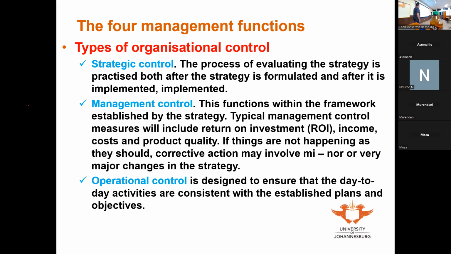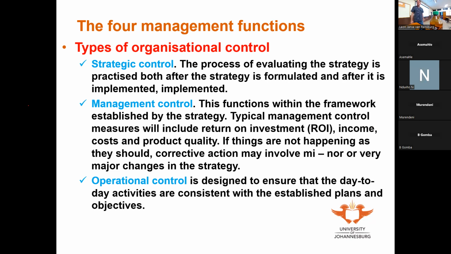Then you've got strategic control. This is a process of evaluating the strategy, practiced both after the strategy is formulated and after it is implemented. Management control consists of those functions within the framework established by the strategy. Remember, we spoke about organizing, that it's about that.